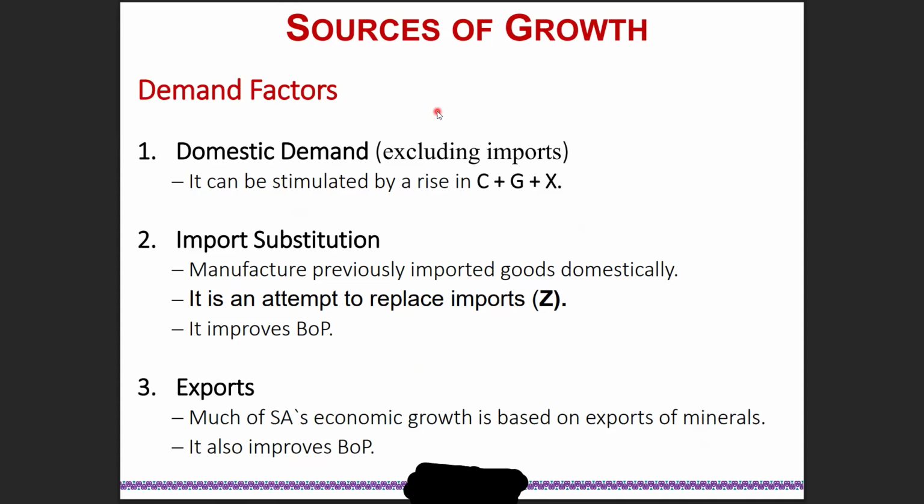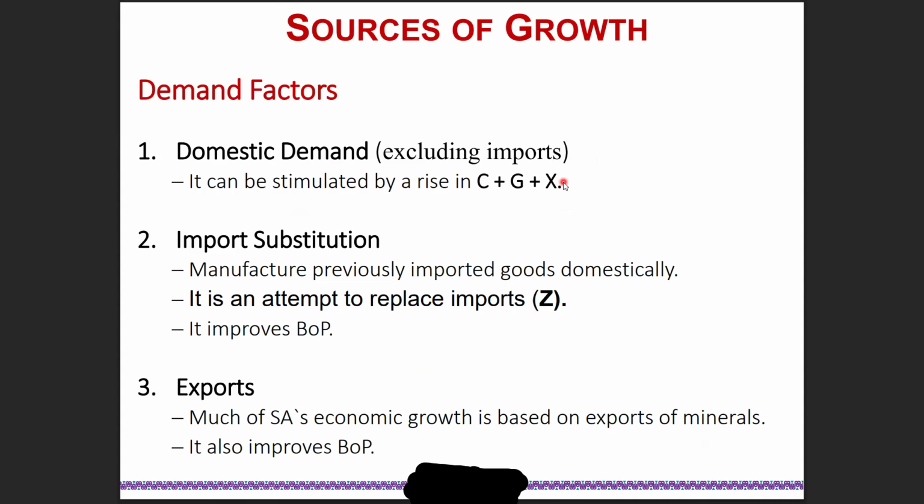You can see that here we use the element of total spending, which is C plus G plus X. So the element of total spending is basically C plus I plus G plus X minus M. But here they excluded I and M. Why? Because with the I, it's investment, and investment occurs between South Africans and the rest of the world. And then with the imports, it is when we South Africans are buying things from the rest of the world.